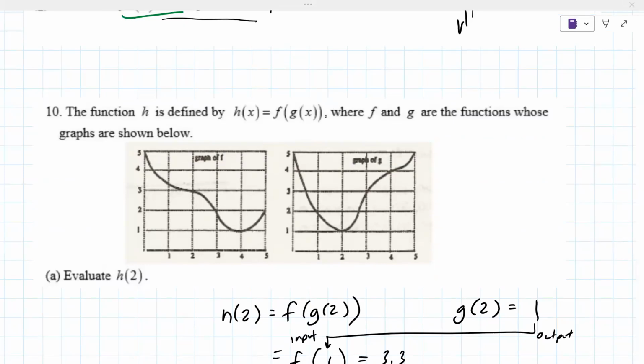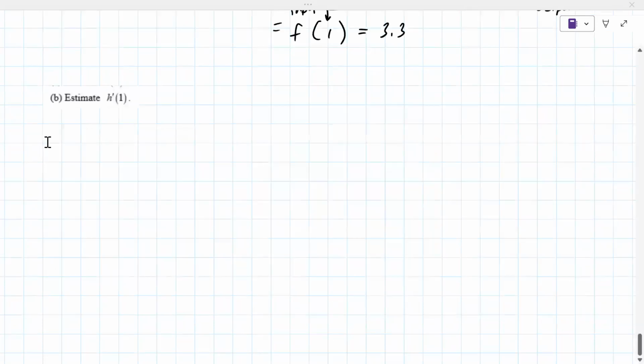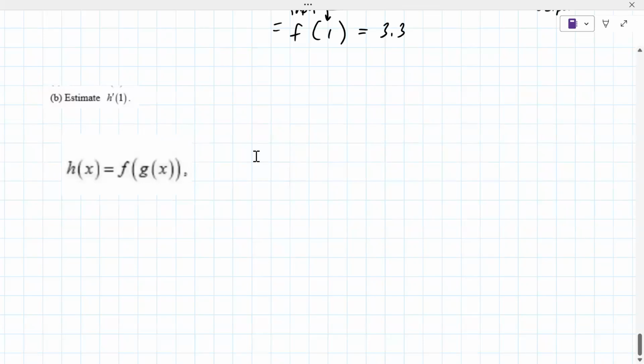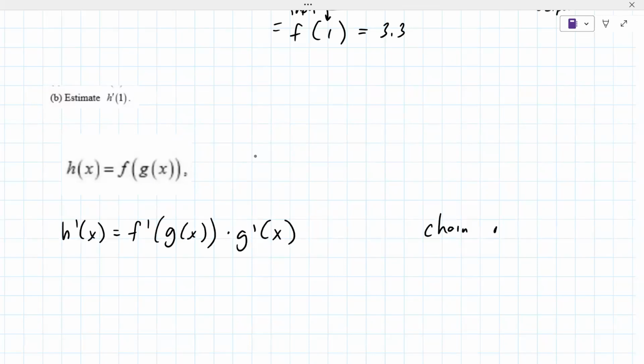It wants you to find the derivative, which at first glance doesn't feel like you can do, but with composition, you can. Your derivative is the derivative of the outside function, keep the inside function, times the derivative of the inside function. That's a pure chain rule derivative.